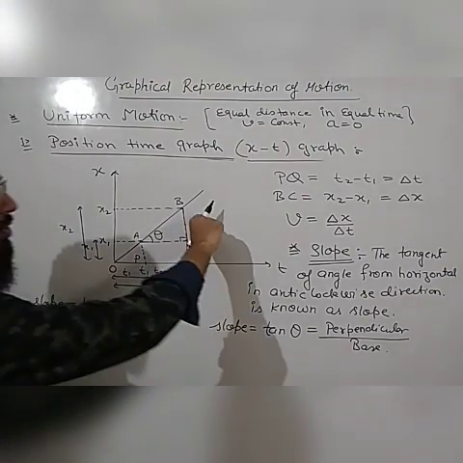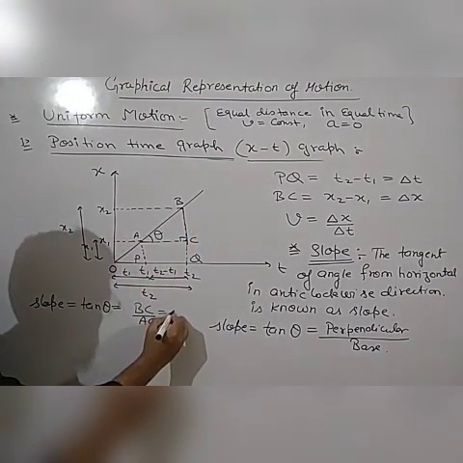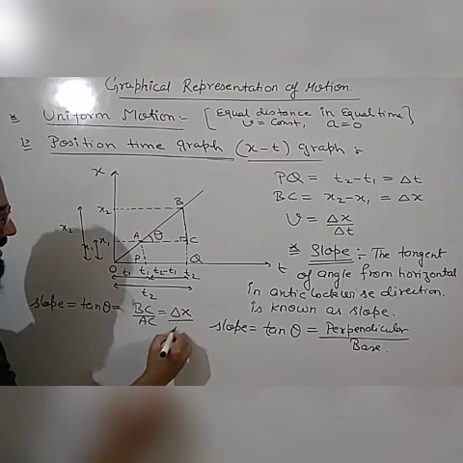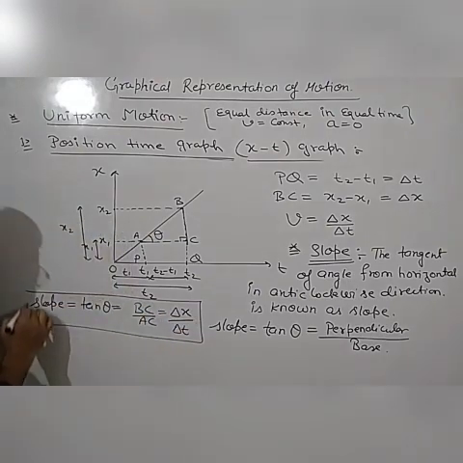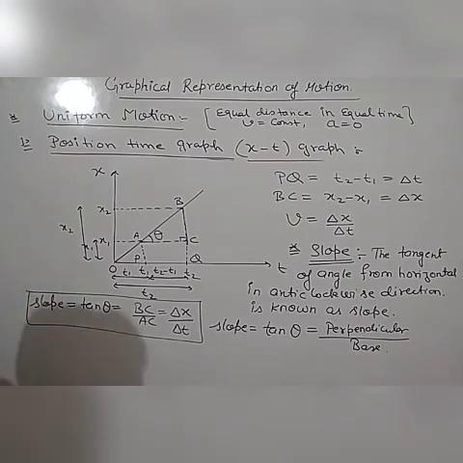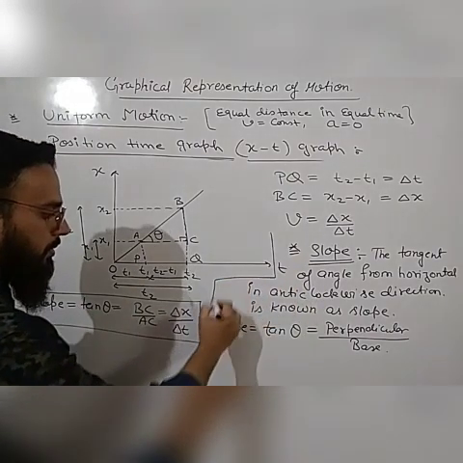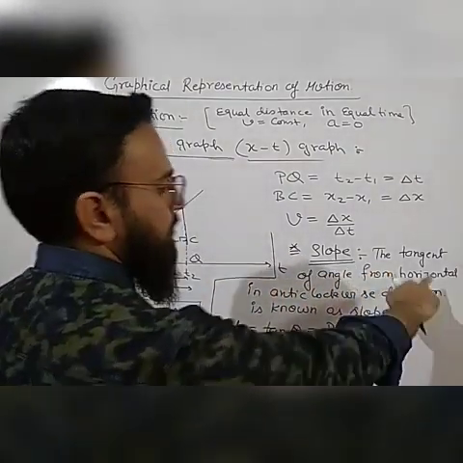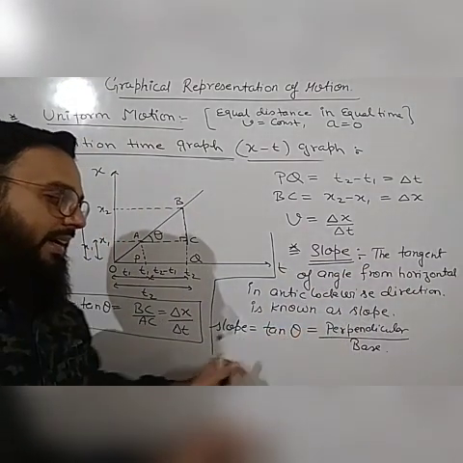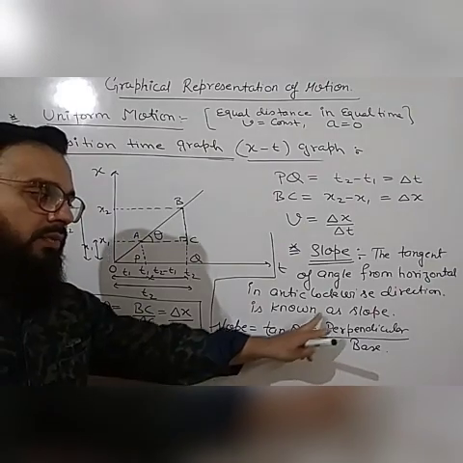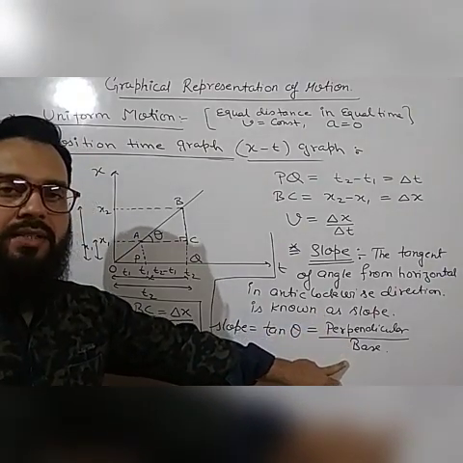And BC is equal to delta x and AC is equal to delta t. This is the main term which I am going to explain now. This was the meaning of slope. Slope means the tangent of the angle from horizontal in the anti-clockwise direction. It is represented by tan theta, which is equal to perpendicular upon base.